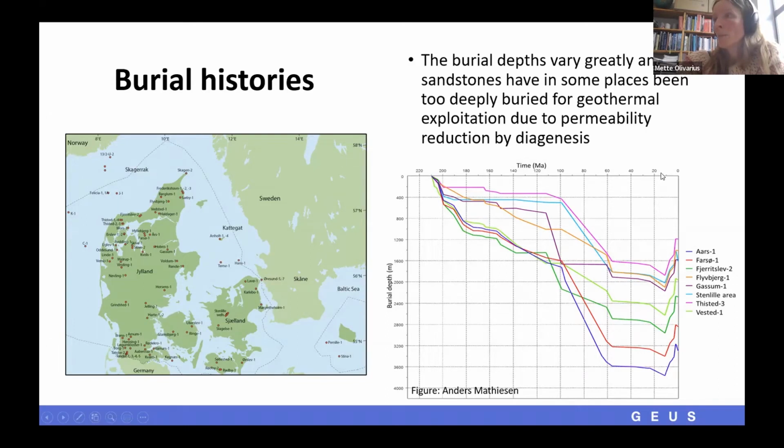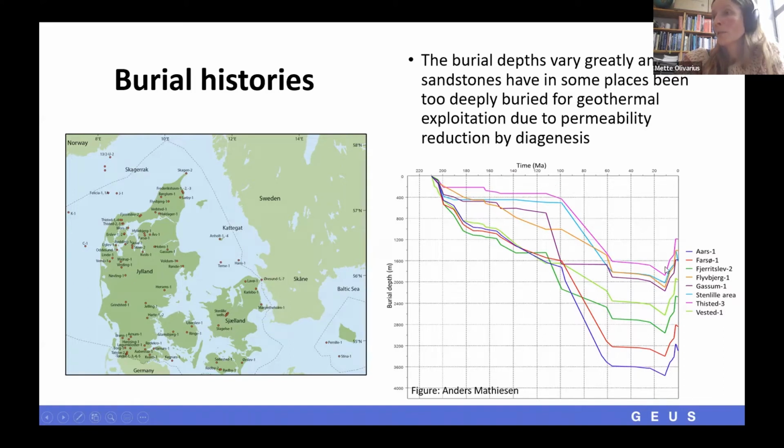So here is the time. These sandstones were deposited about 210 million years ago. And then, for example, if we take this pink Tistel well, which is where this geothermal plant is located, you can see how this sandstone was buried a little in the beginning, then there was a long time where nothing happened, and then it was buried quite quickly from about 100 million years ago and onwards.